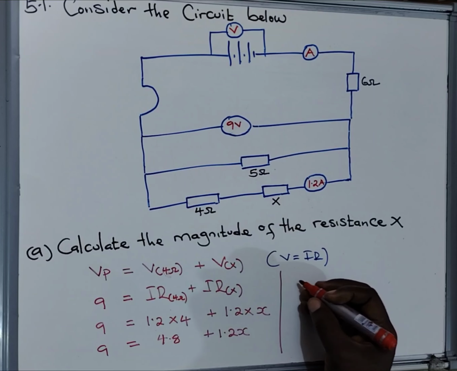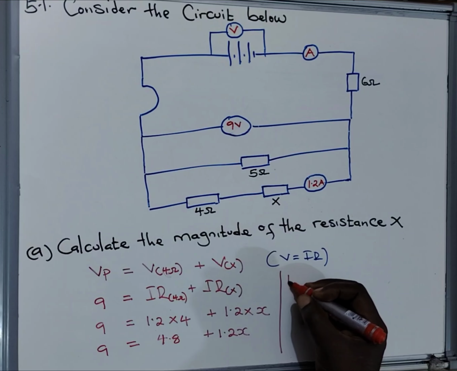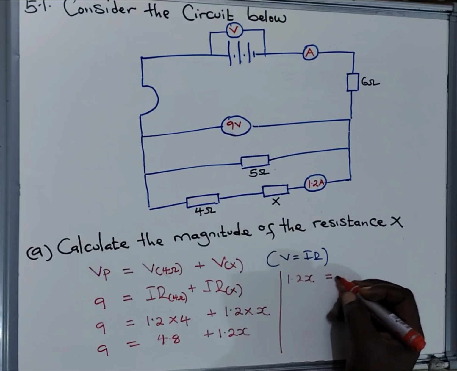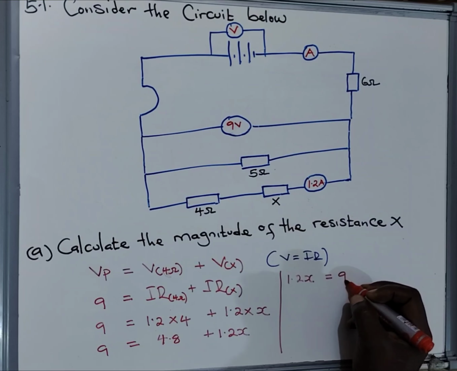We are going to say 1.2x is equal to 9 minus 4.8, giving you 1.2x equals 4.2.